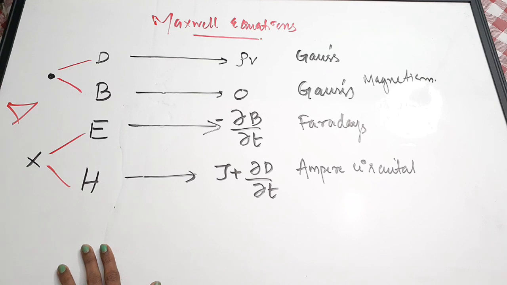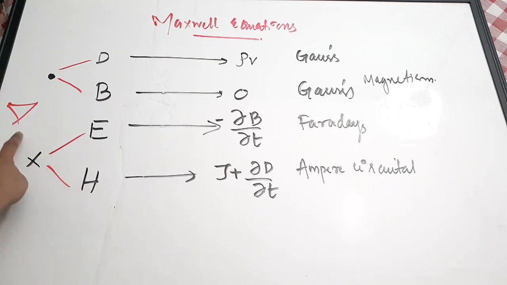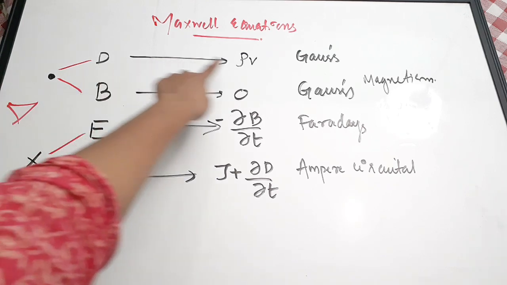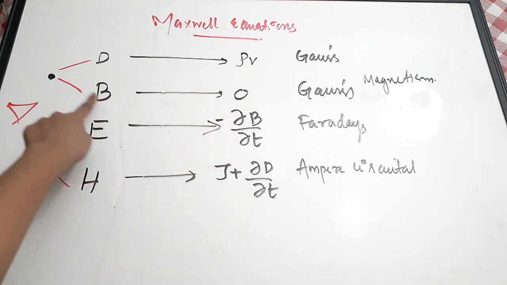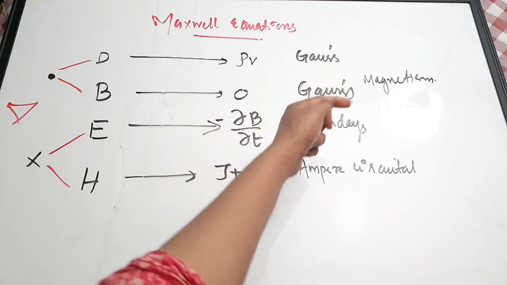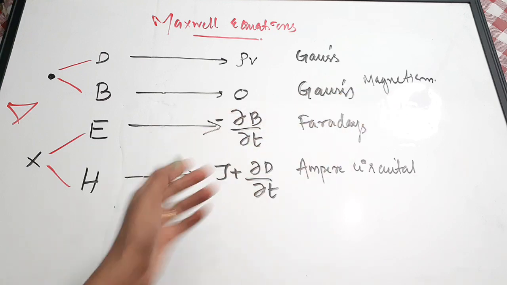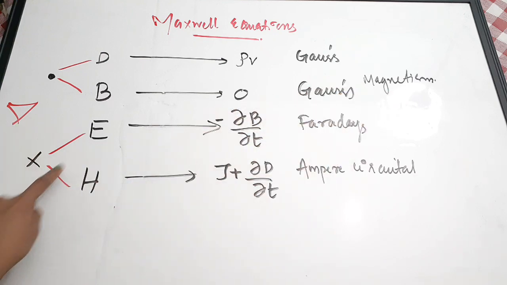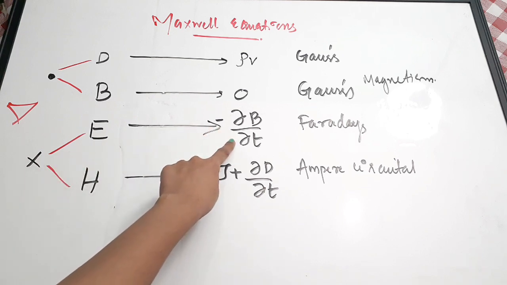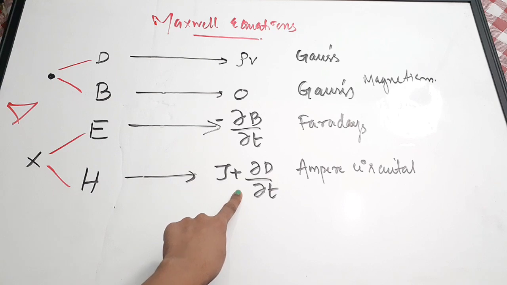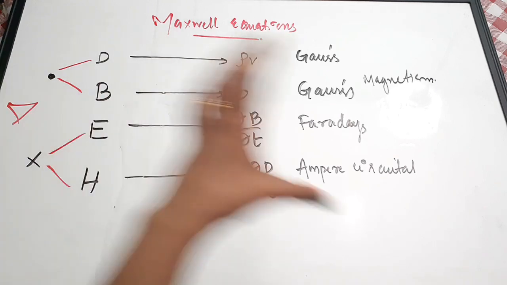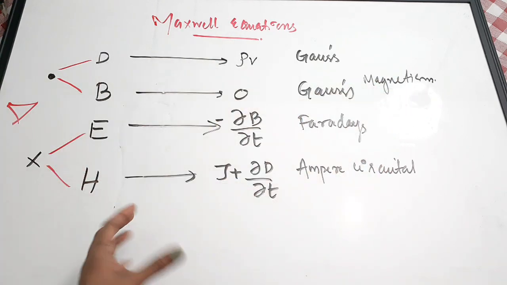Now, how to form the equations: del dot D equal to rho V. Then del dot B equal to 0, that is Gauss law for magnetism. Then del cross E equal to minus dou B by dou t, and del cross H is equal to J plus dou D by dou t. If you form it like this, it is very easy to remember. You don't have to go through each law again.